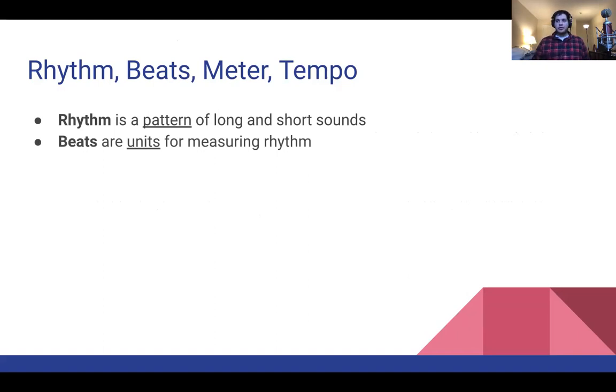So if I were thinking about the rhythm I just played, here it is again, and I was counting how many beats I played, I might say, 1, 2, 3, 4, 1, 2, 3, 4.